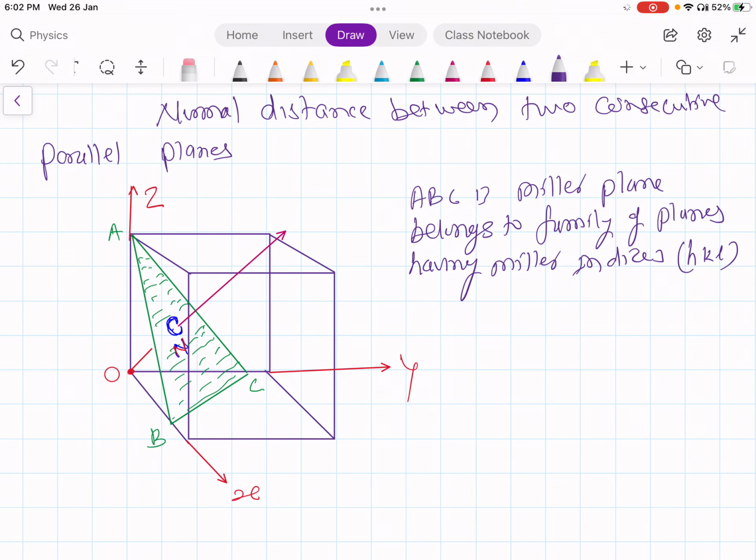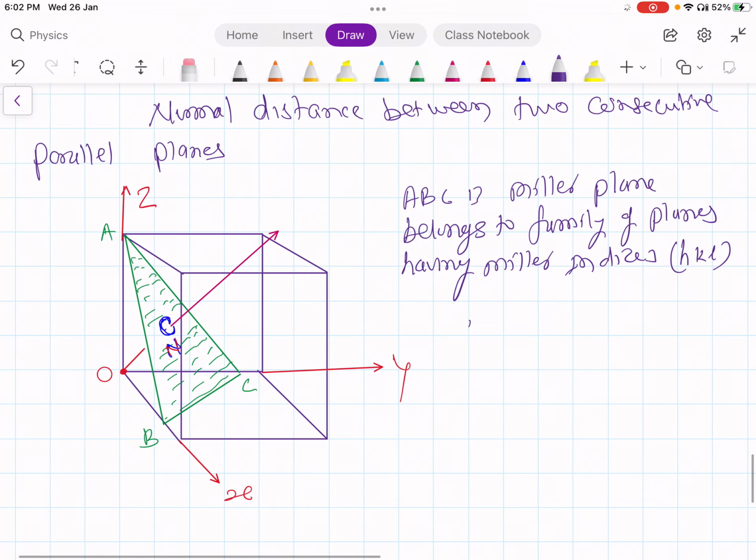So if you know the Miller indices, then you can find intercepts on x, y, and z axis. In this case, we don't know if it is a cube, so a is not equal to b is not equal to c.